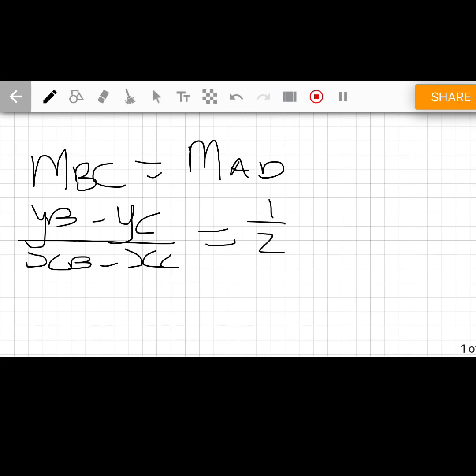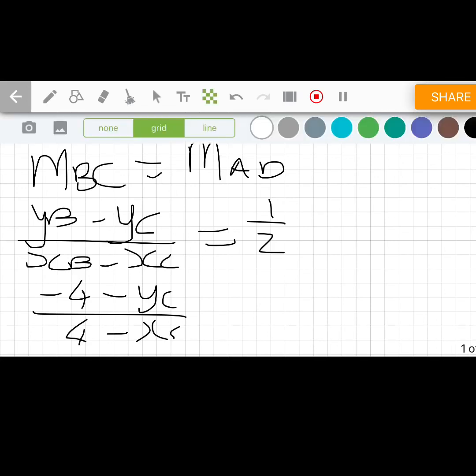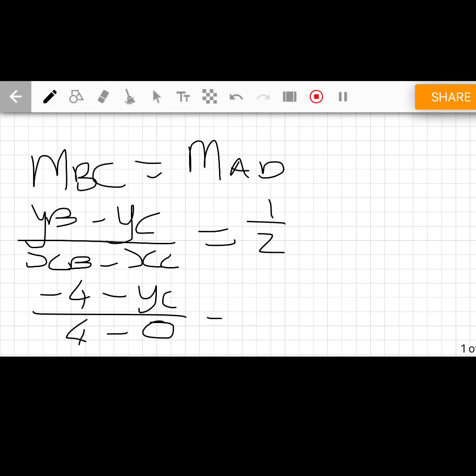Okay, so we're going to just substitute. Y of B is given as negative 4, minus y of C, which is what we're looking for, all over x of B, which is 4, minus x of C. x of C is 0, equal to a half.